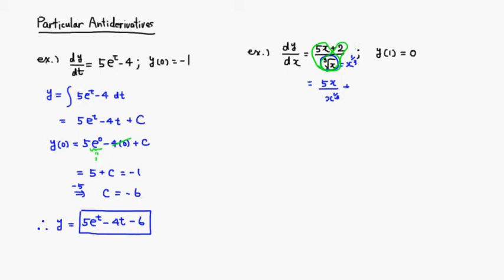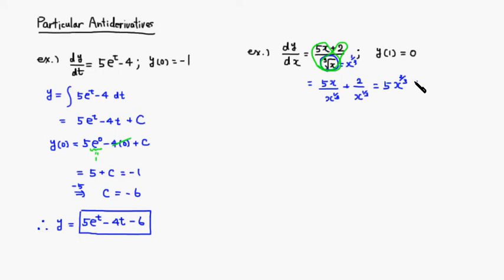So that's going to be 2 over x to the 1/3 power. Let's clean it up a bit. 5 is 5, and x divided by x to the 1/3 power, you do a subtraction between powers. So 1 minus 1/3 would be x to the 2/3 power.